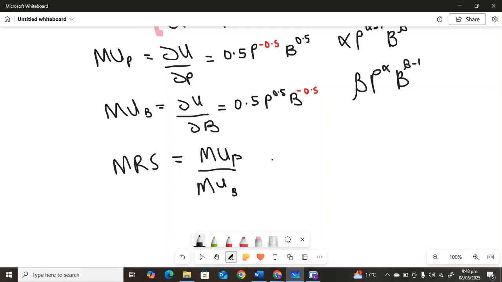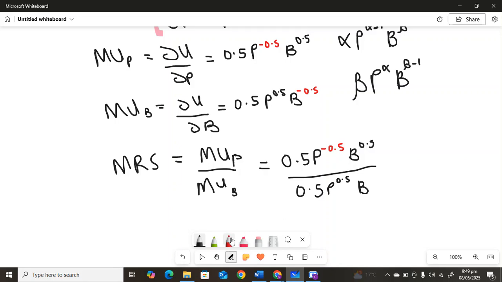So here, in this case, marginal utility for pork is 0.5 p to the power negative 0.5, over 0.5 p to the power 0.5, b to the power negative 0.5.